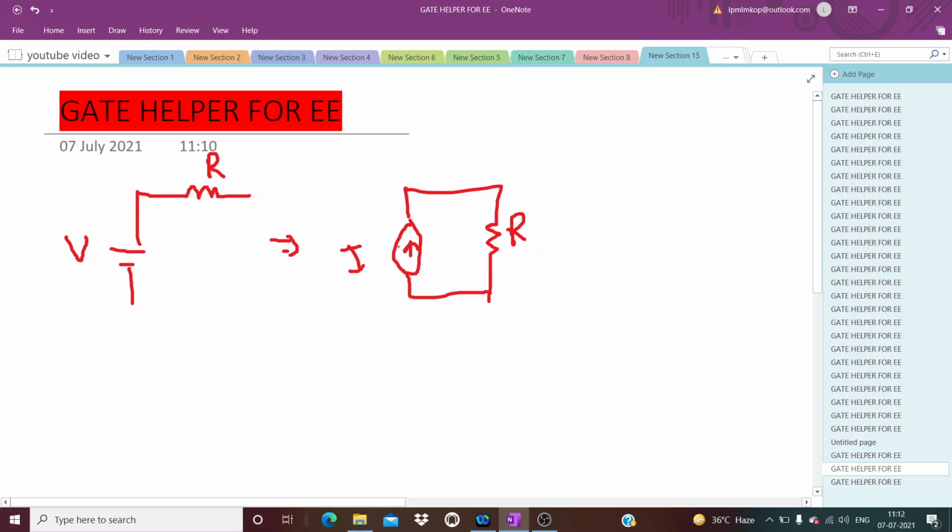The value of this current I will be V by R.